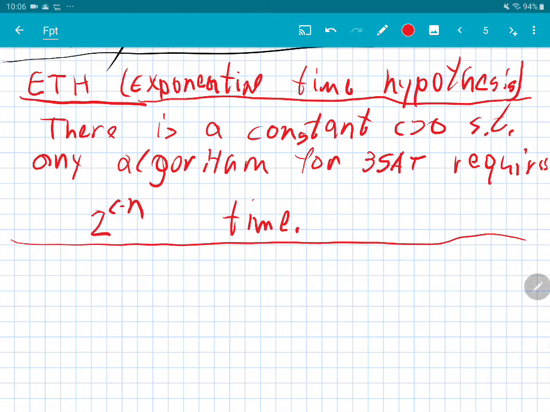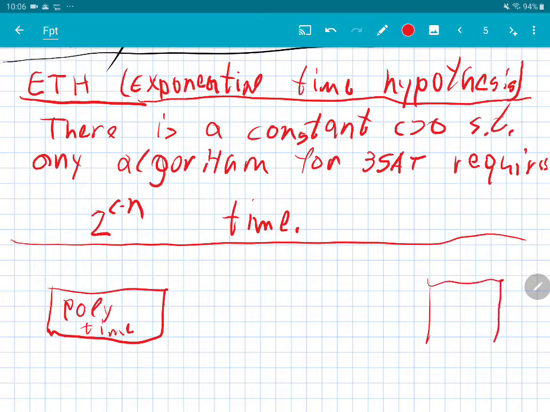Now, the one thing that one needs to remember is the running time classes we have currently, right? We have polytime, and then we have a lot of other classes that we are not very familiar with. And then we have this, let me call it 2 to the C of n, right?